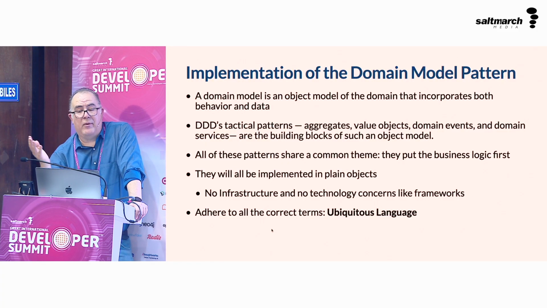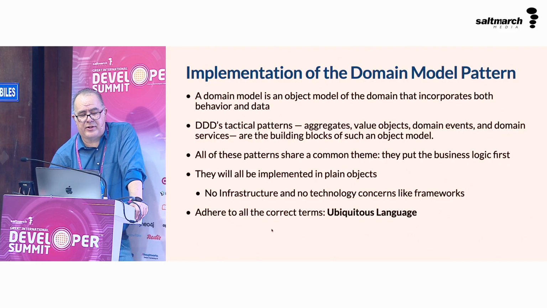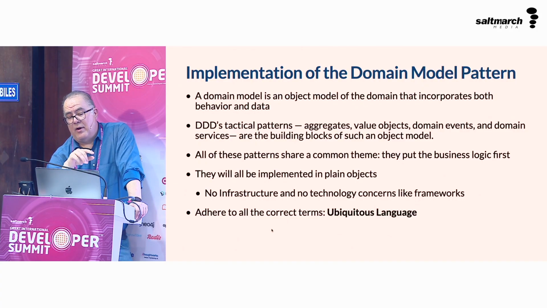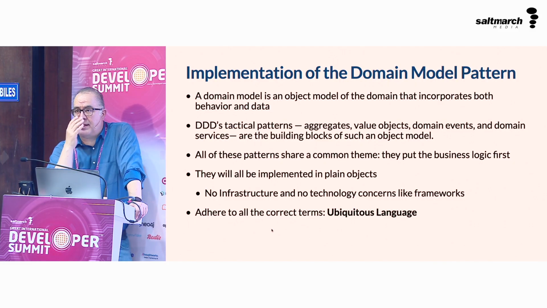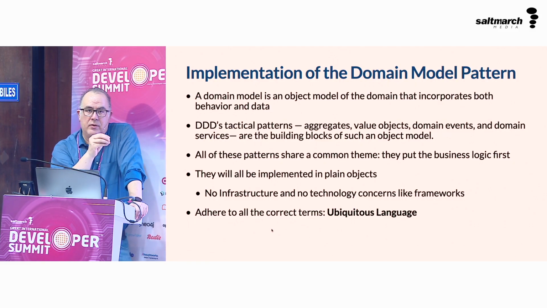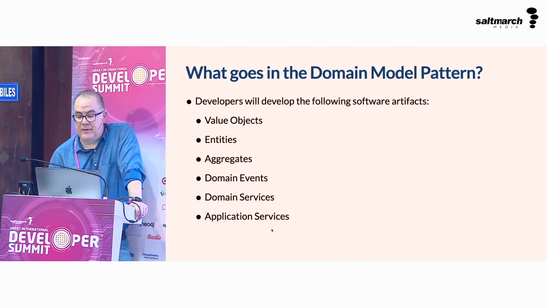You could do it however you'd like, but this provides a little structure to it. And DDD has these things called tactical patterns for things like aggregates, value objects, domain events, domain services. They tell you these design patterns that you can use within that particular hexagon. That's what that is, okay? Again, no infrastructure, no technology, but what you have to adhere to here is the ubiquitous language. Remember, part of this DDD is finding a language that your business uses, and that's the idea for that.